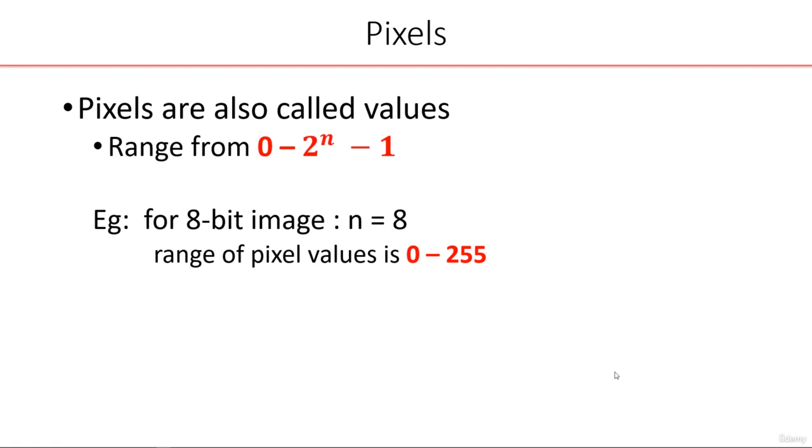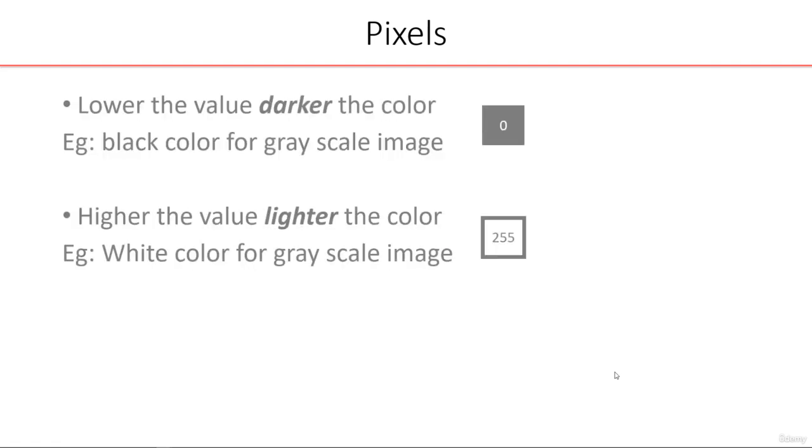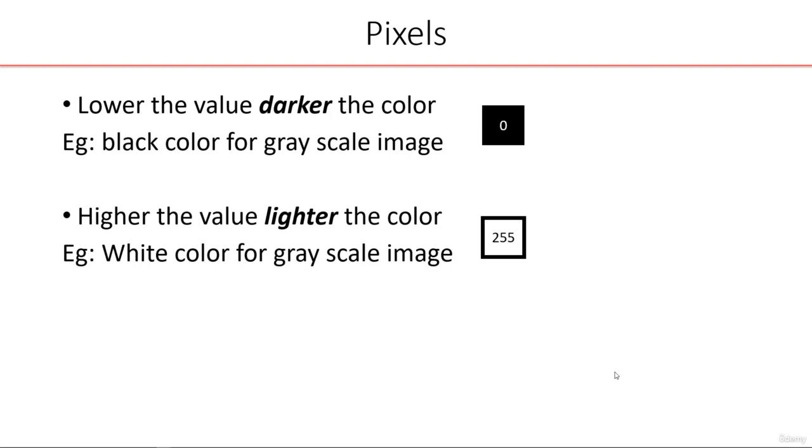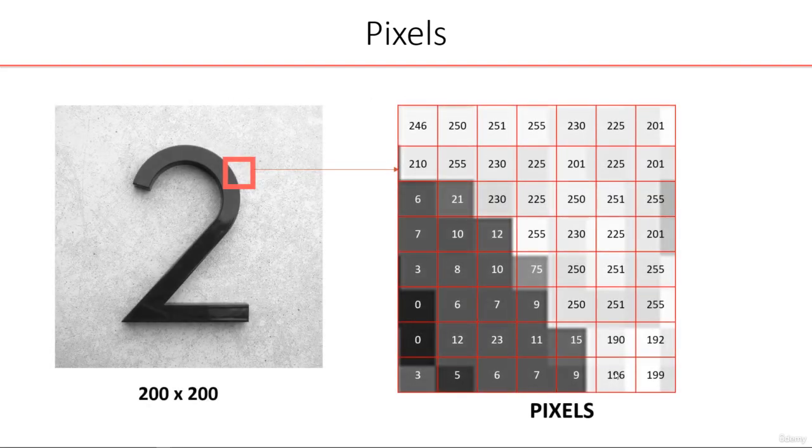The lower the value, the closer it is to 0, which is black in color, and the higher the value, the closer it is to 255, which is white in color. Now let's revisit the image again. You can notice that in the portion which is black, the values are all closest to 0, whereas the values here are closest to 255.